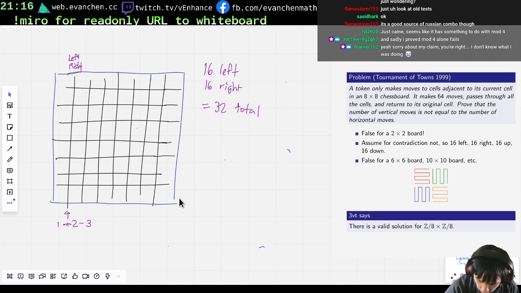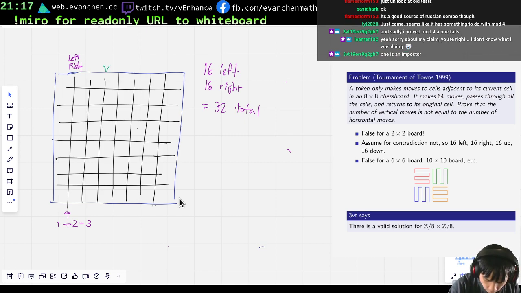So 32 over 7 is a little more than 4. So among these 7 incisions, what I know is that there's some column, we'll just take this one, for which the path has 6. There's like 6 things.